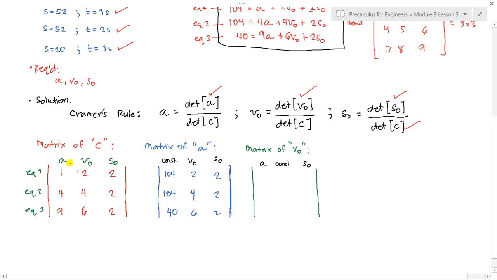Actually, mag-base ra gyud mo sa coefficient matrix, class. Let's say kung mag-generate kag matrix for V naught, imo ra ning tangtangon ang column ni V naught, i-replace ra pod sa constant. Nakuha ang pattern.